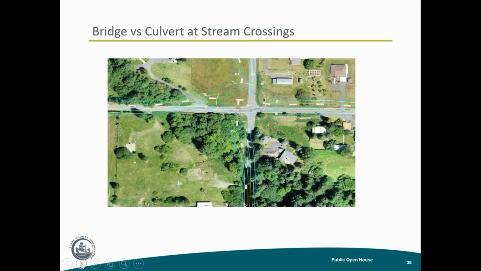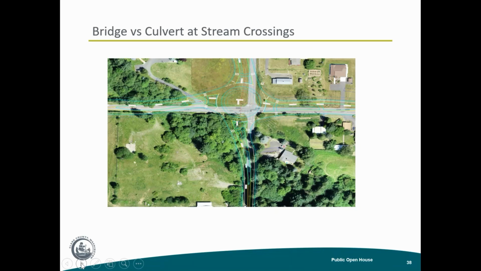For both of them, we did an alternative analysis to determine what type of bridge or culvert makes sense to cross them. Because of the grade differences that Matt was talking about earlier, we would raise the one at 179th about 10 feet and the one at 29th about 15 feet. So it makes the ravines even deeper. So some pretty substantial fills.